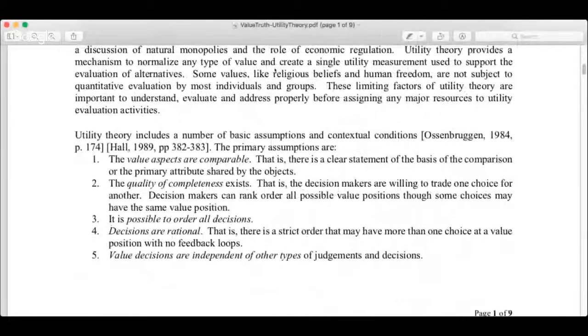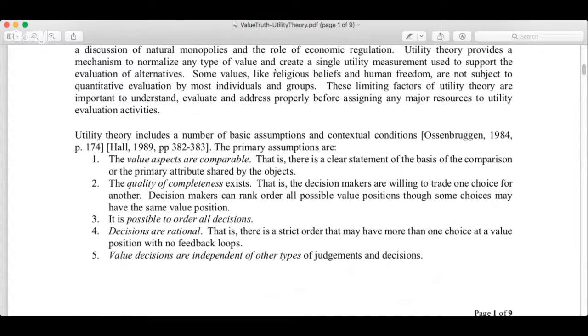These five primary assumptions are that the value aspects are comparable. And so you would compare these, and there's a clear statement on the basis of comparison for the primary attribute. So if we were to say object A is bigger than object B, then is bigger than is what we're comparing them on.